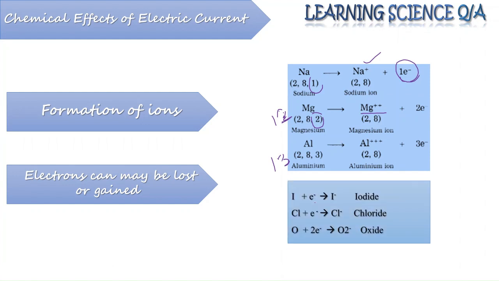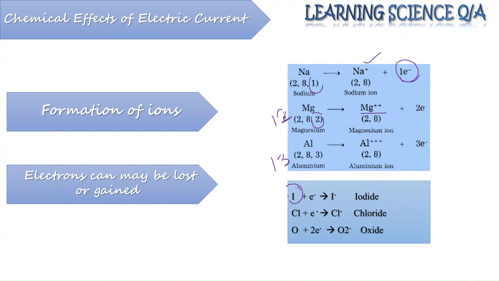Similarly, non-metals can acquire electrons and they can be converted into negative ions. We have one example, iodine, which has seven electrons in the outermost shell, or alternatively, we will say it has only one electron lacking in completing the octet.